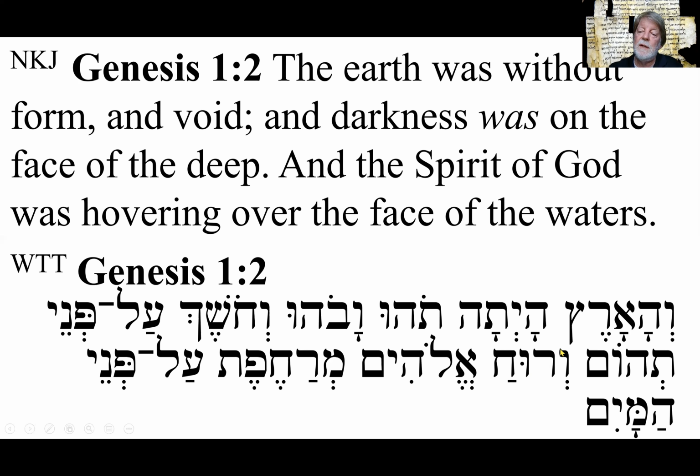This is a unique kind of exception to the rule. Normally, we would pronounce the word Ruach as Rucha, because the vowel should come after the consonant. But when a patach comes underneath a chet, you pronounce the vowel first and then the consonant.